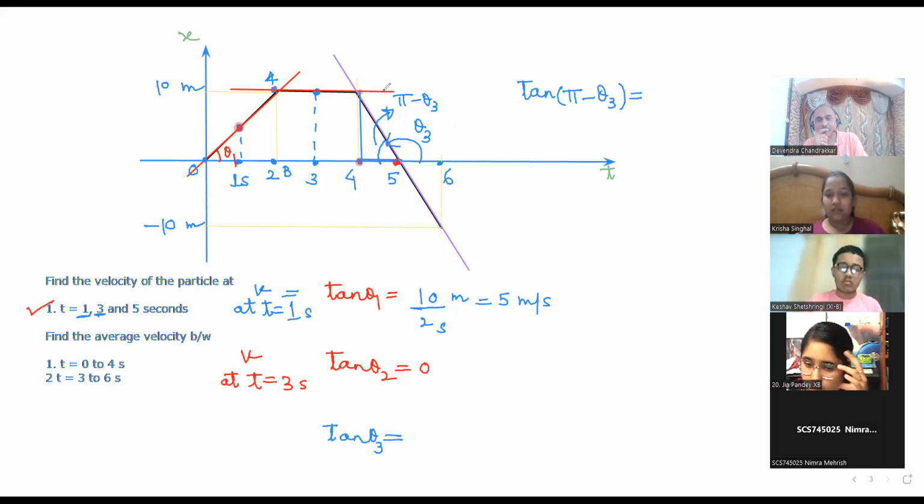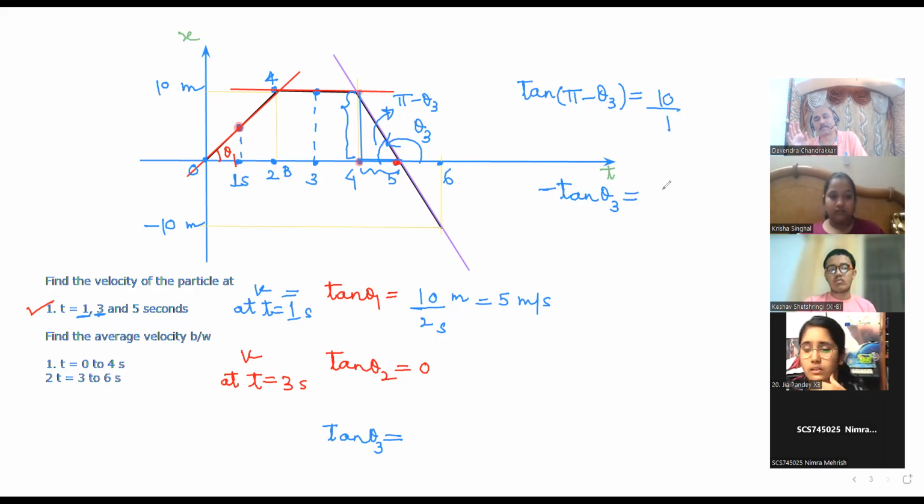Jia, what is tan of pi minus theta 3 here? This length 10 upon 1. Yes or no? So tan of pi minus theta 3 is minus tan theta 3, right? Tan of 180 minus theta is minus tan theta. So this is 10. So what is tan theta 3 now? It's minus 10 meters per second.